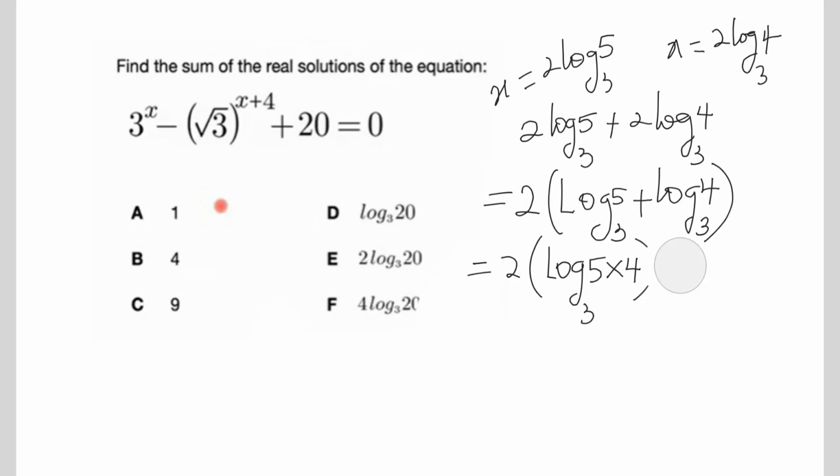And of course, it's going to be equal to 2 log 20, because 5 times 4 is 20, with base 3. So the answer is this, 2 log 20 base 3.